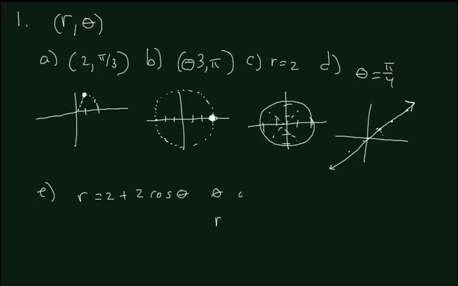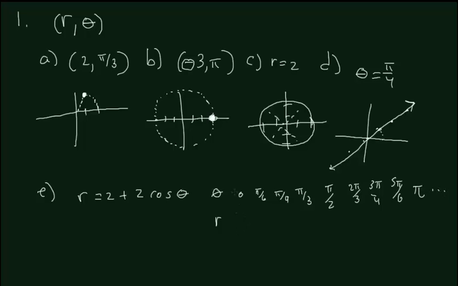We're going to use 0 for theta, pi over 6, pi over 4, pi over 3, pi over 2, 2 pi over 3, 3 pi over 4, 5 pi over 6, and pi.